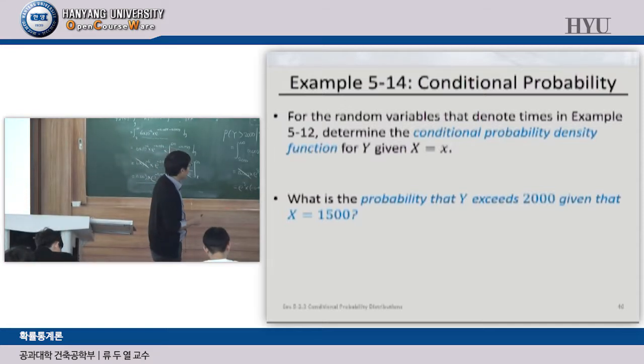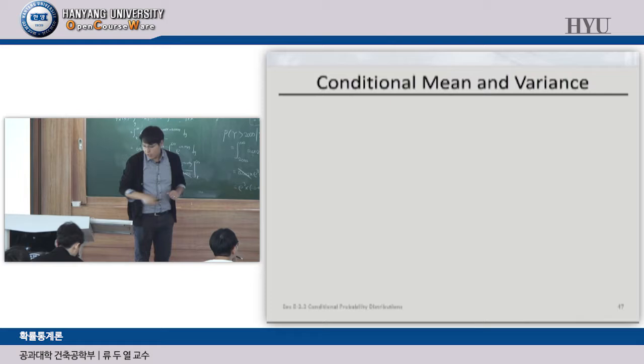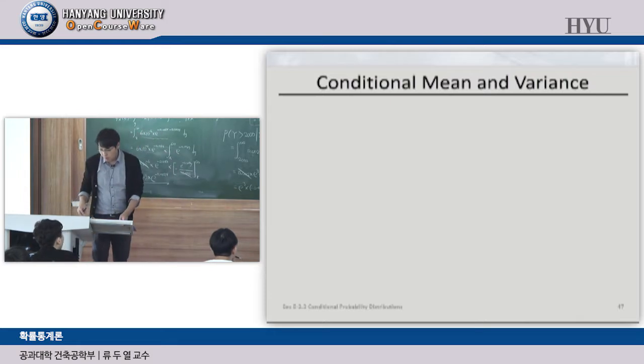So to calculate the probability of y when y is included in a set, we first calculate the conditional probability density functions, because we have to use this relationship. And now, I'm going to explain about the conditional mean and variance.